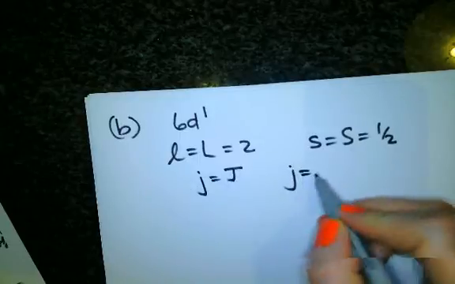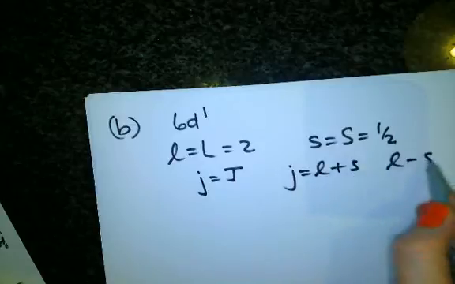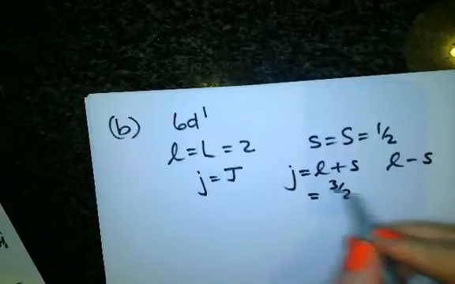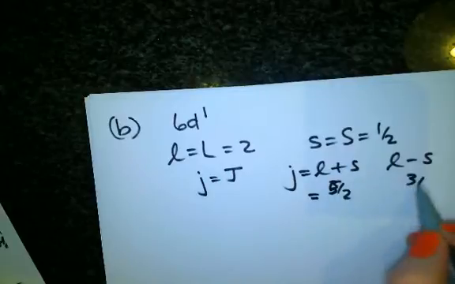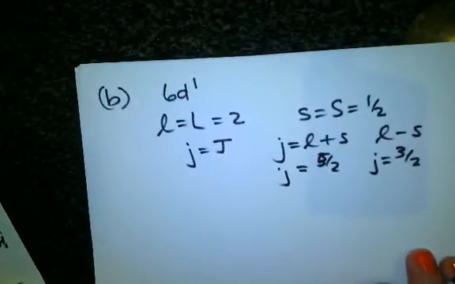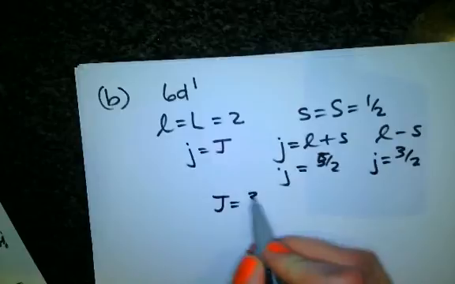Sorry, that would be 5 over 2, and this one would be 3 over 2. So our j is 3 over 2 or 5 over 2.